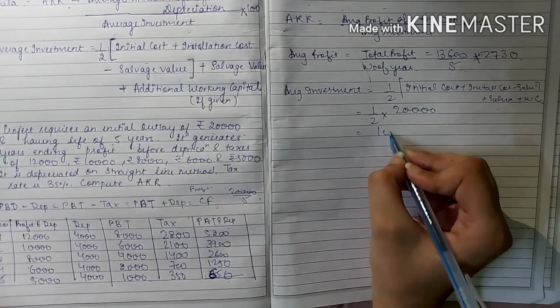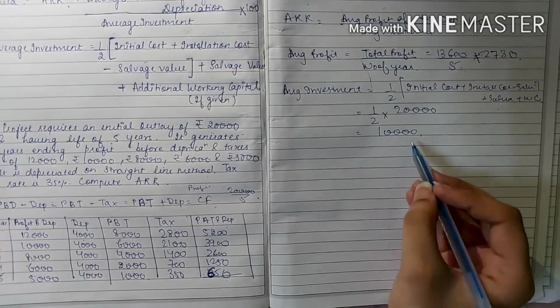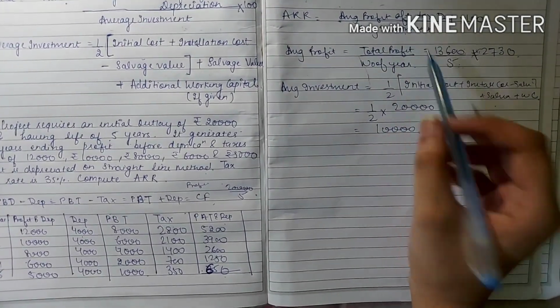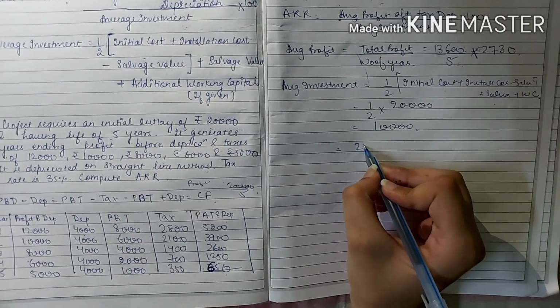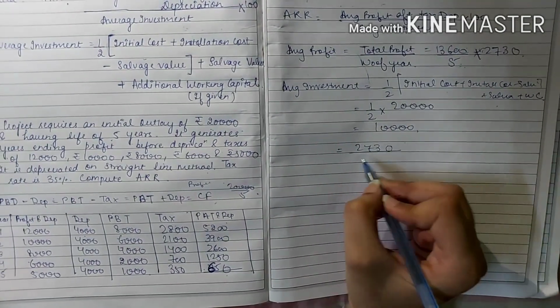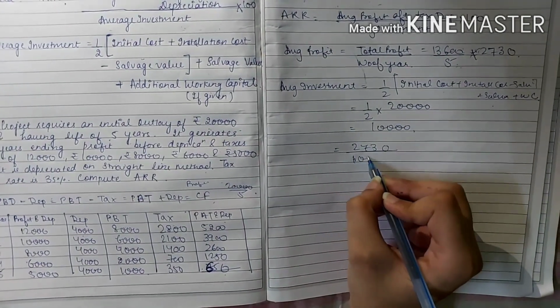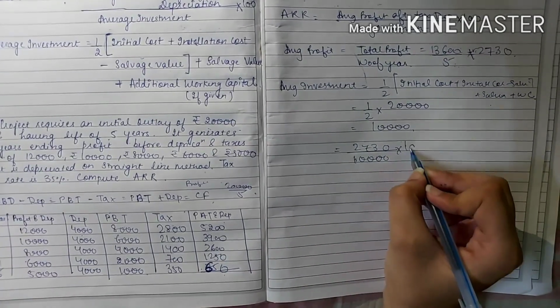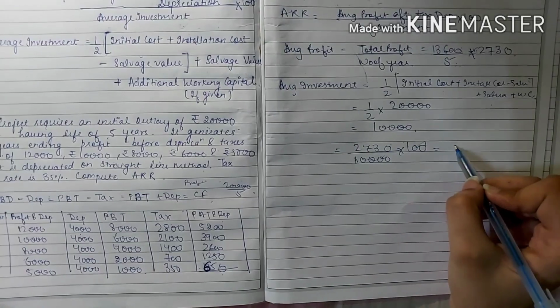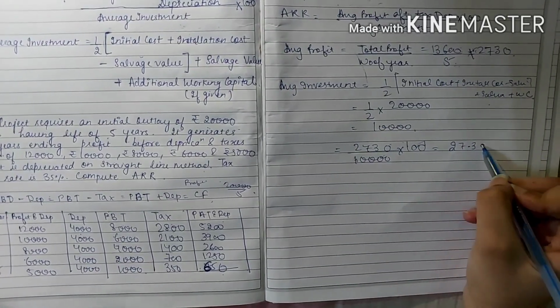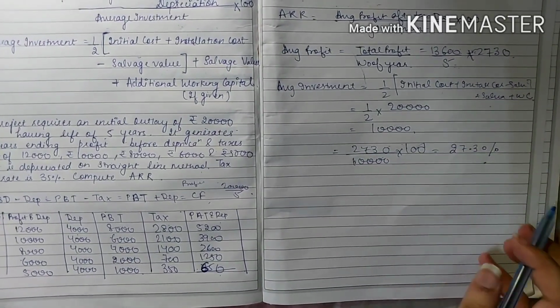So the average investment will be 10,000. Now we have to directly put this into the formula. So average profit after tax and depreciation, it is 2,730 upon average investment, which is 10,000 into 100. So 27.3% is the ARR.